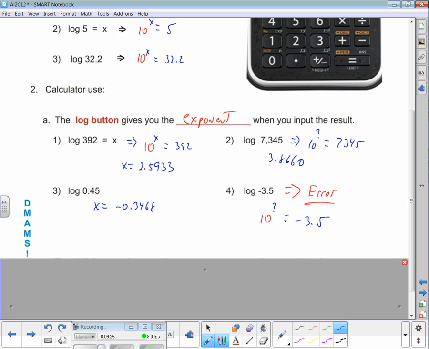So why is that a problem? Alex? The result is negative 3.5. We're trying to find the exponent. And we can have negative exponents because logarithms are exponents. This one has a negative 0.3468 exponent. So negative exponents are no problem. Sammy?